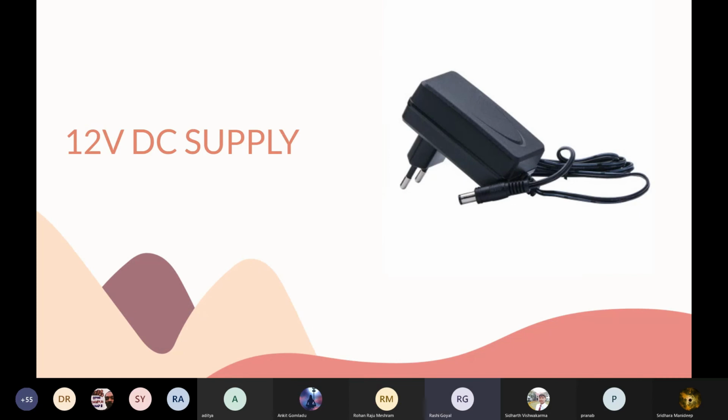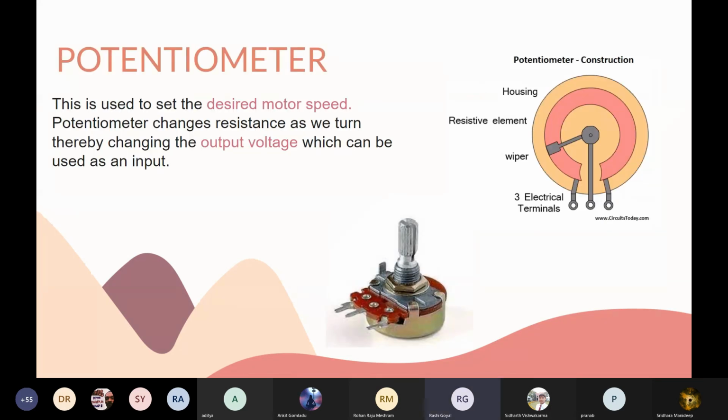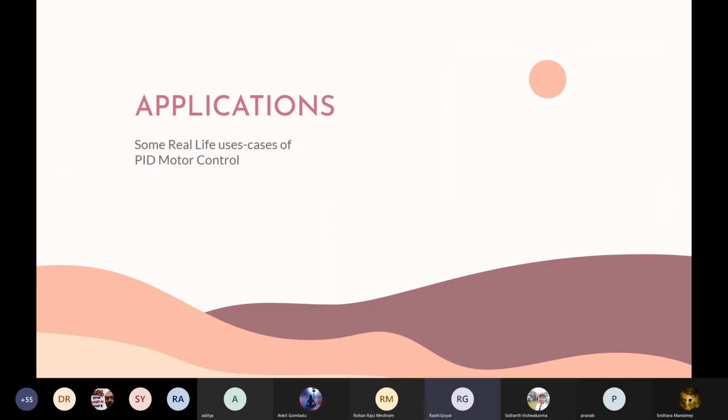This is the 12 volt DC supply which we use to power the motor. This is the potentiometer. It is used to set the desired motor speed. The potentiometer changes the resistance as we turn it, thereby changing the output voltage, which can be used as an input.